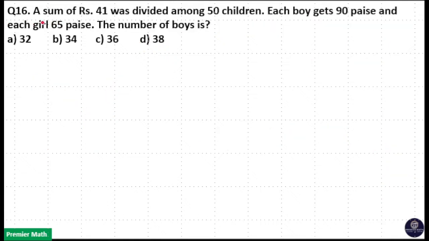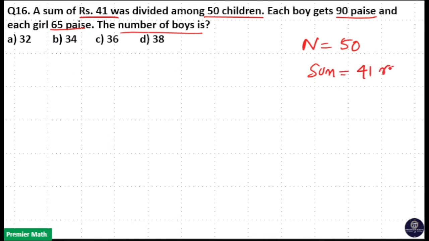Next is, a sum of rupees 41 was divided among 50 children. Each boy gets 90 paise and each girl gets 65 paise. Then the number of boys is. So we have the total number of children equal to 50 and the total sum equal to 41 rupees.